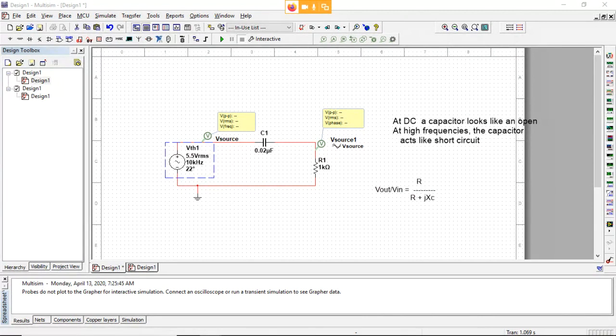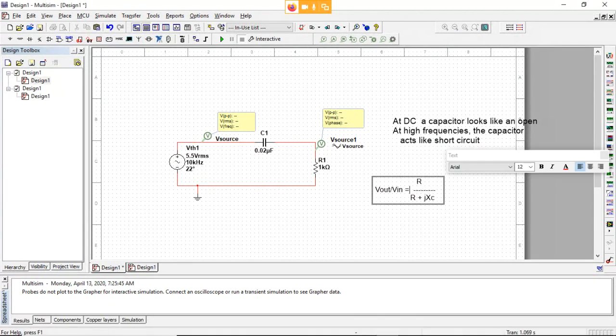Now this comes from the voltage divider rule, where normally we would have V in up here multiplied times the R. But what we did is effectively divide both sides by the voltage in, and that gives us this ratio.